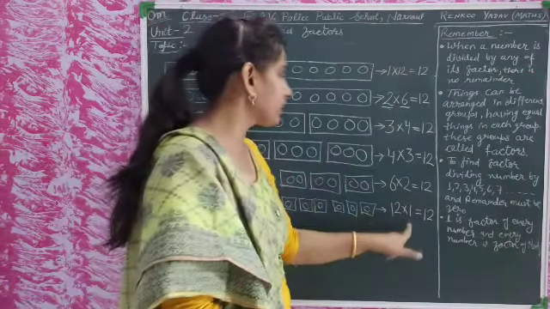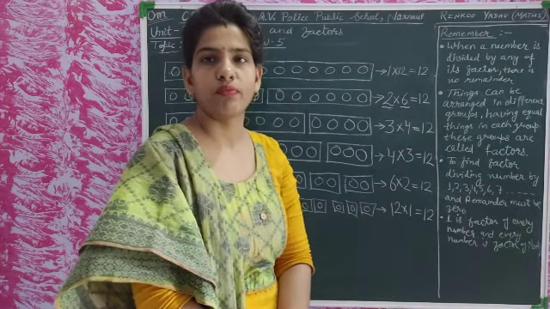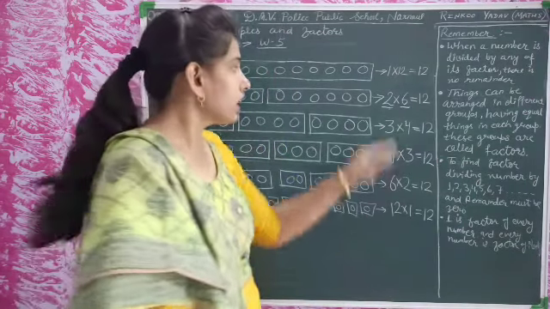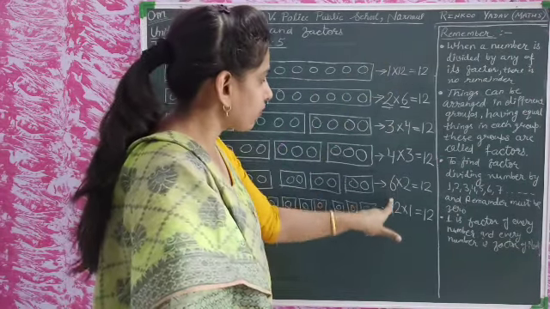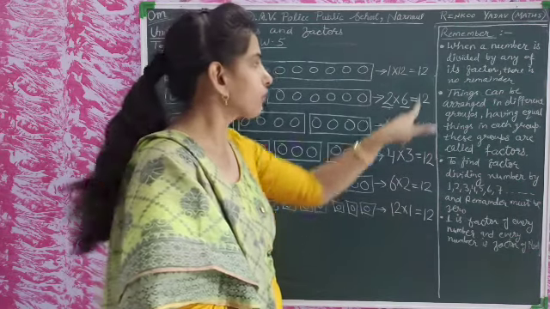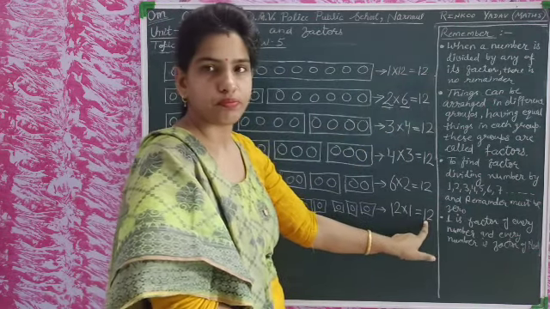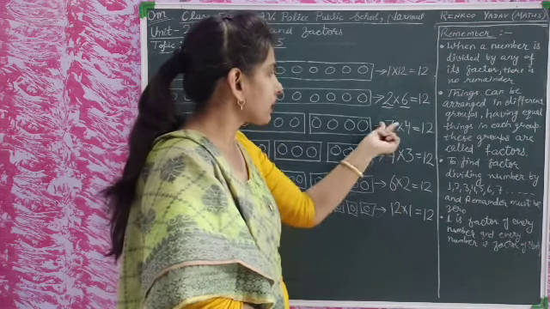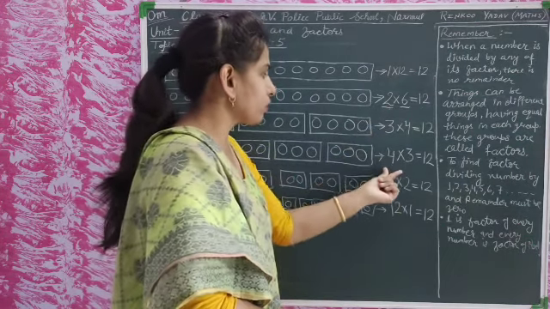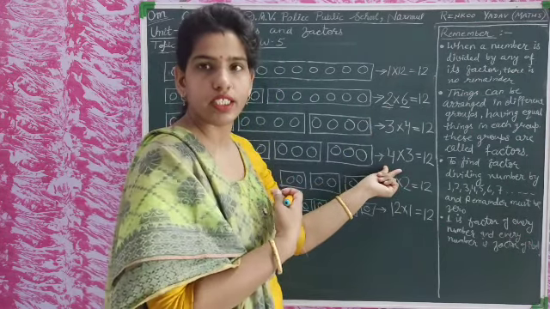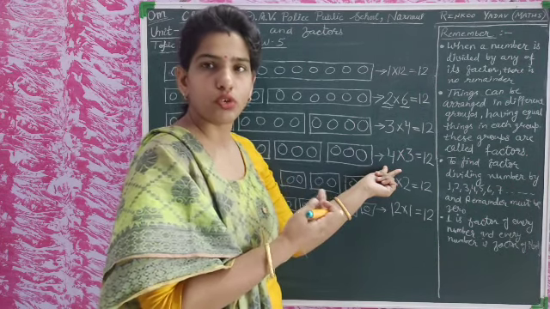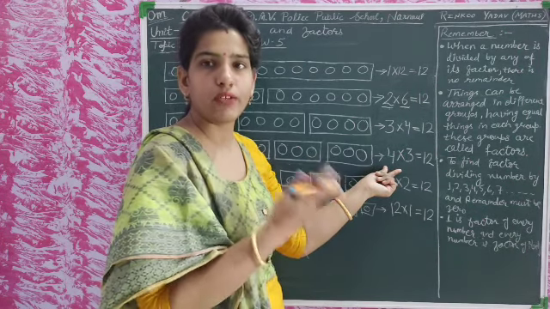How does this become 12? Is it clear, students? So these are the factors of which number? 12, because these are the groupings. Is there a grouping of 5? No, there is no grouping of 5 because there are left out numbers.